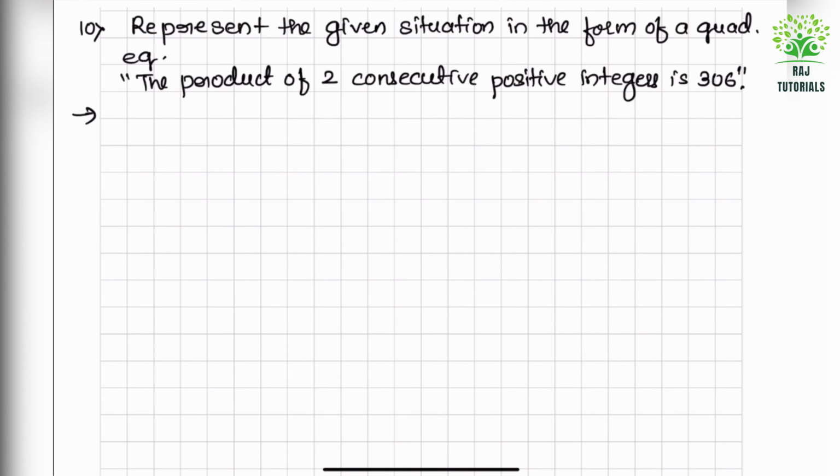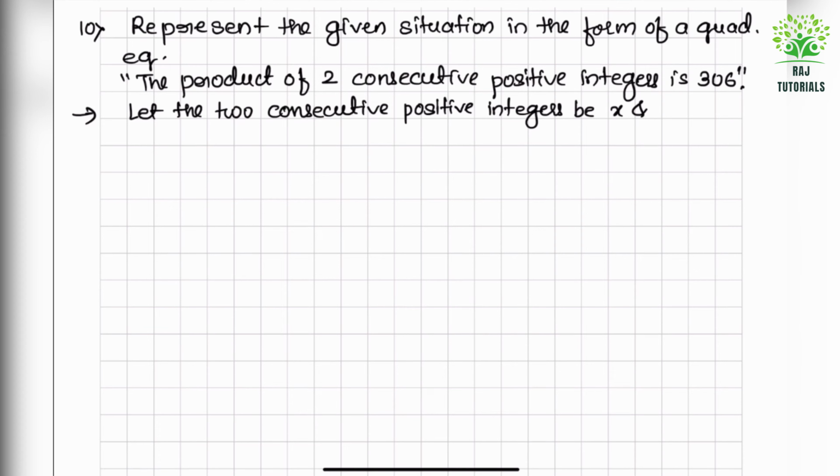Next question says represent the given situation in the form of a quadratic equation. The product of two consecutive positive integers is 306. So let the two consecutive positive integers be x and x plus 1. Therefore, x into (x plus 1) equal to 306.